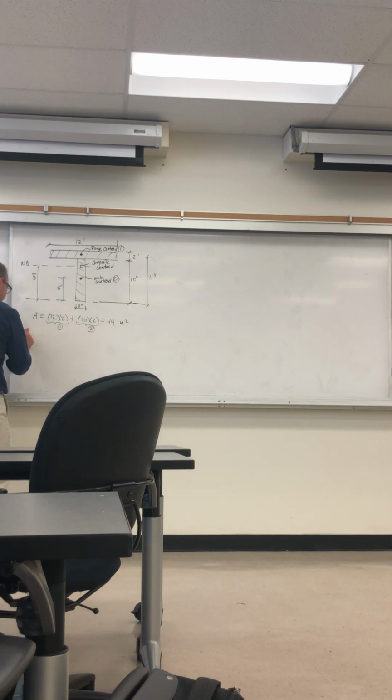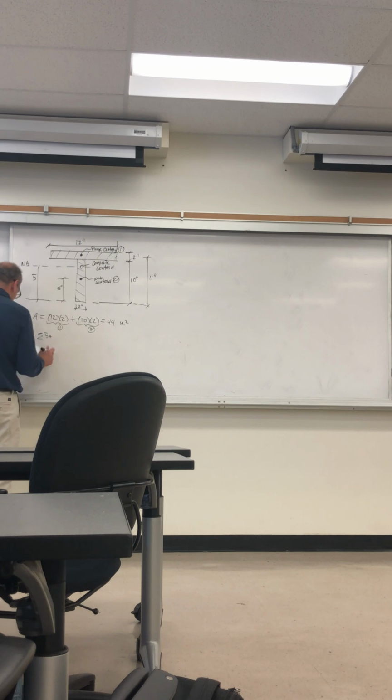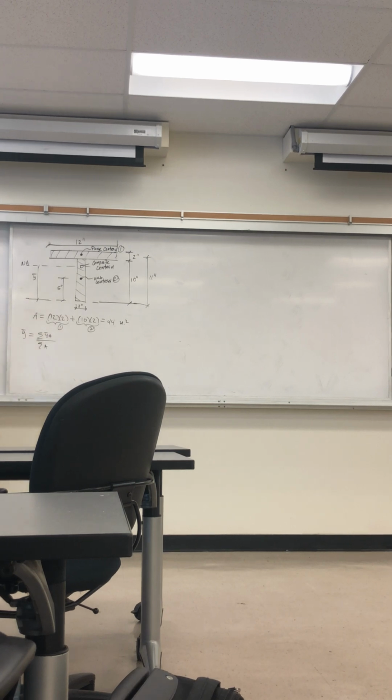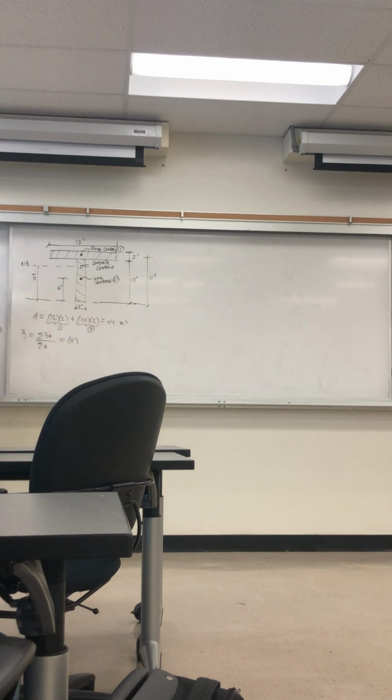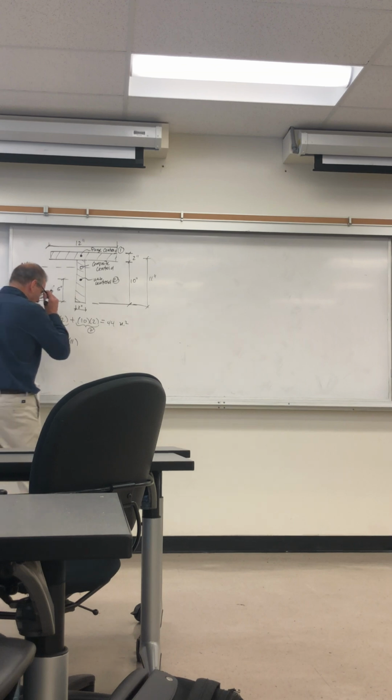Y bar is the summation of Y bar times area over the summation of the areas. The summation of areas is the total area, which we already calculated. So for the first one, Y bar is 11. That's the centroid of its own area, 11 multiplied by the area of 24.